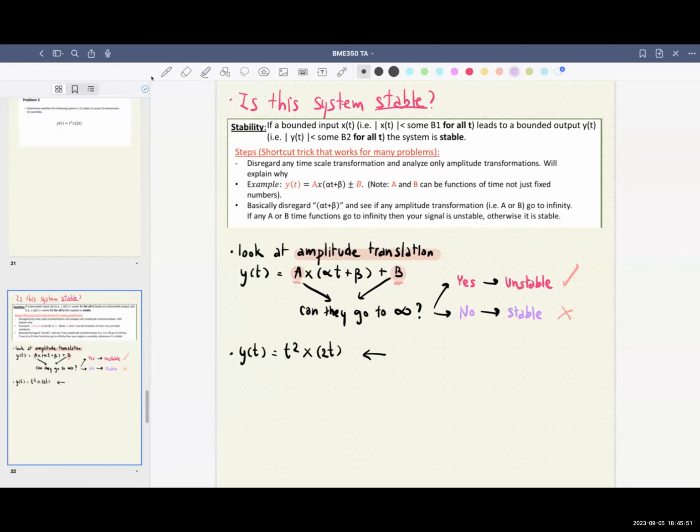Anyone want to try this? Thank you, Isabella. Yes, you're right. So t squared is going to be our amplitude.